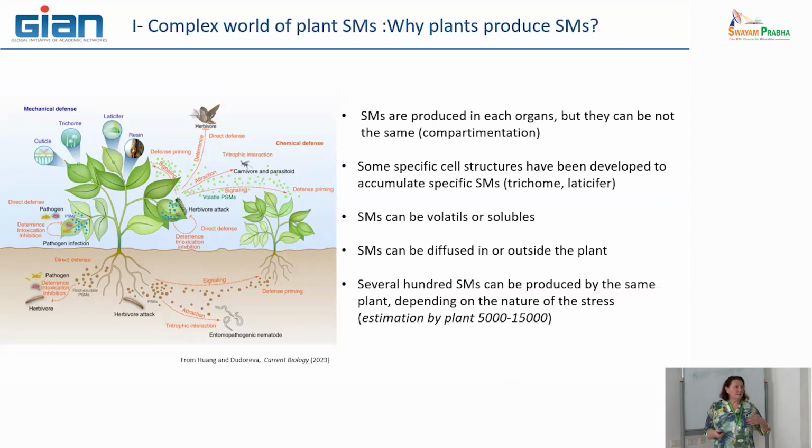This is why the scientific community developed several screening campaigns to identify metabolites that could be interesting for one or two types of biological activity. So we are in front of something that we don't know a lot about.